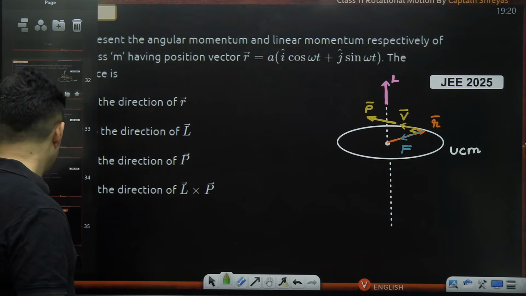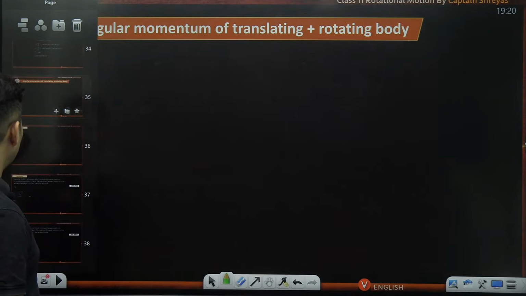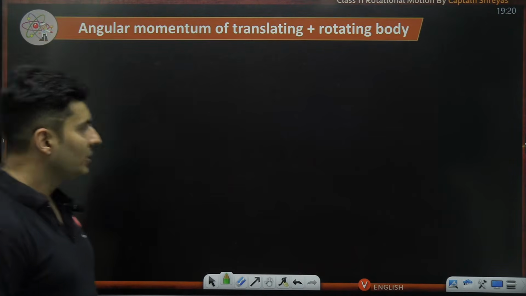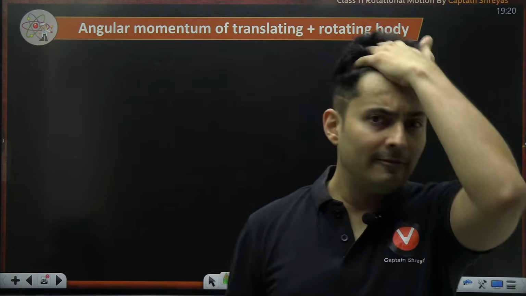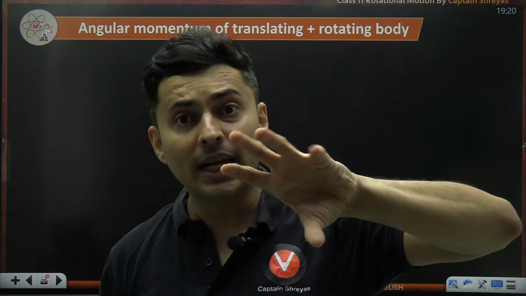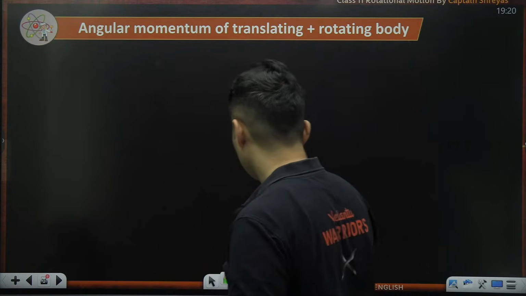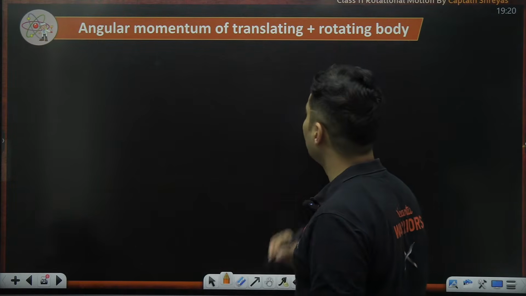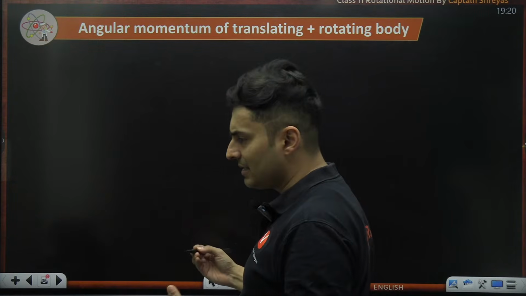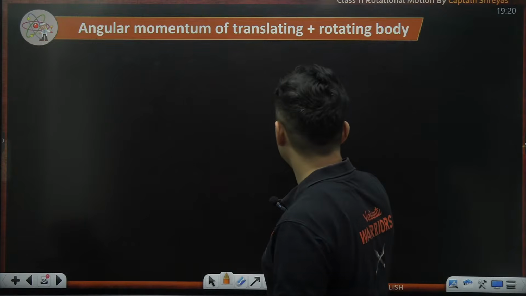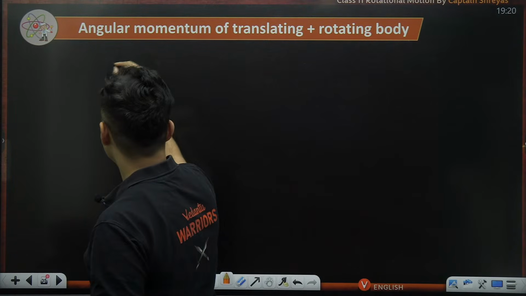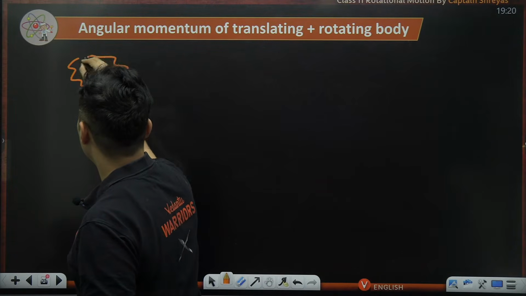Great, guys. Great. Now let's move to the next concept where the body might be rotating also and translating also. And then how do you find out angular momentum? In such cases, when the body is rotating also and translating also, for example, imagine there is some body over here.